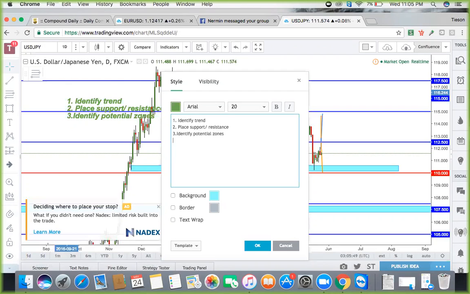Which are those zones? Those blue areas that I drew out.